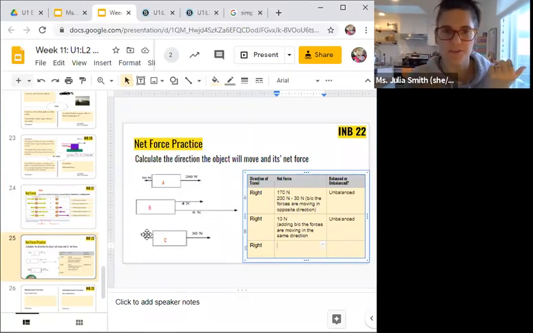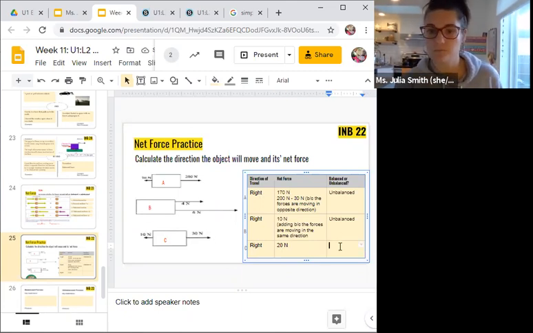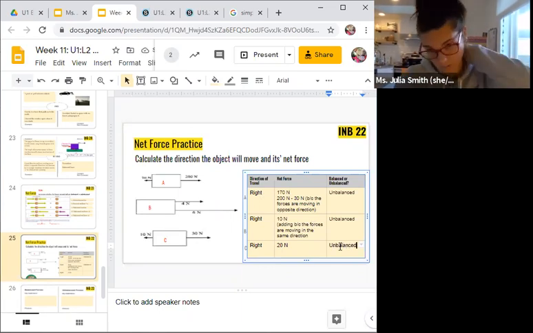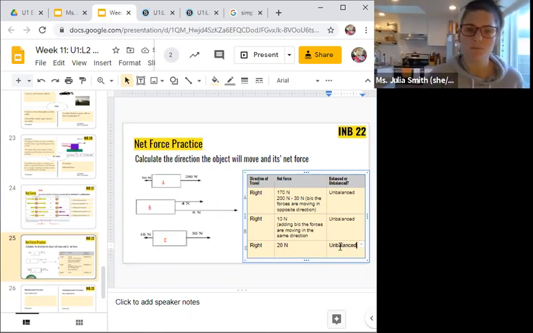So these are canceling out some of these newtons. And so we end up with 20 newtons of net force, 30 minus 10. And then again, we have motion, so we know these are unbalanced forces resulting in motion.